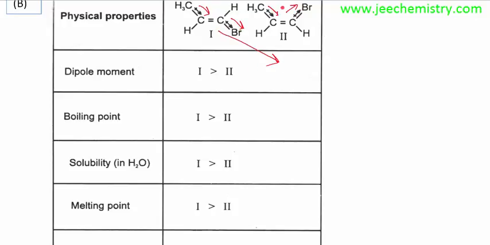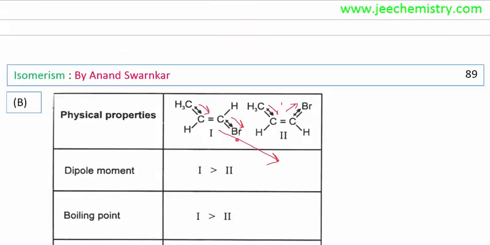But here the resultant will be approximately in this way. We can clearly see that this dipole moment will definitely be more than this dipole moment, because there is a turning of the dipole moment, but in the first compound the dipole moment is directly in this way. So the dipole moment of the first compound is more than the second compound.